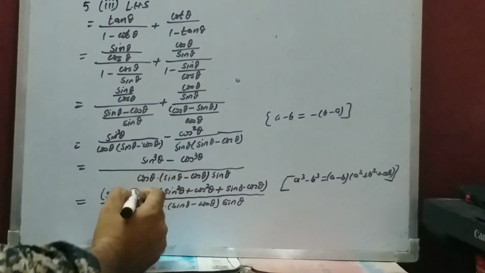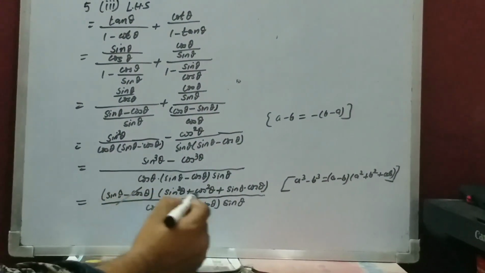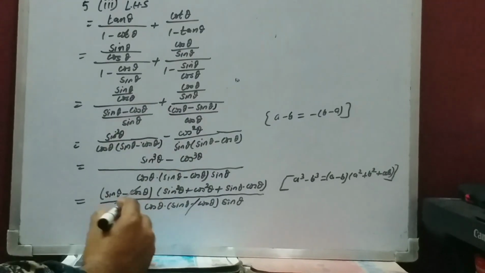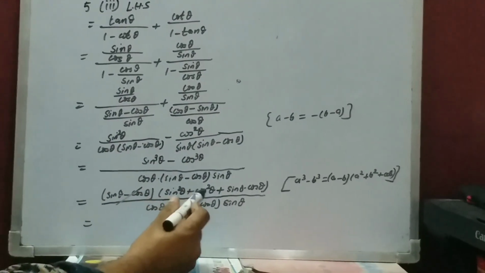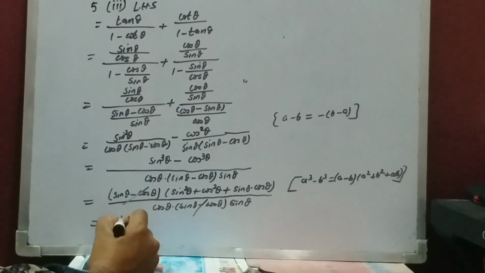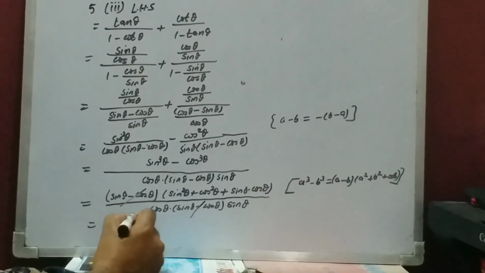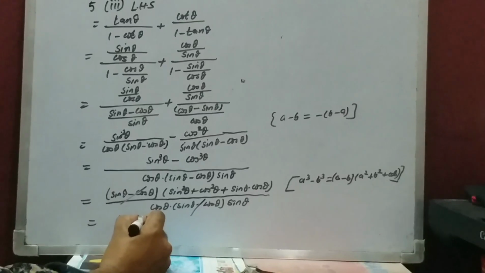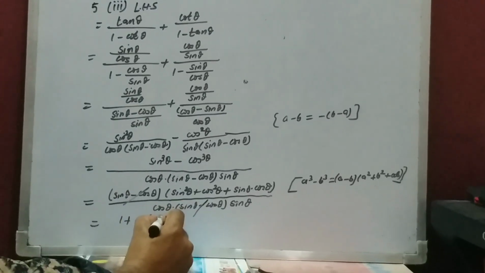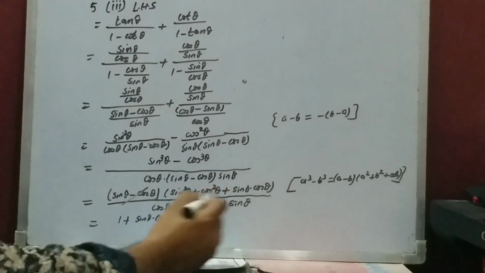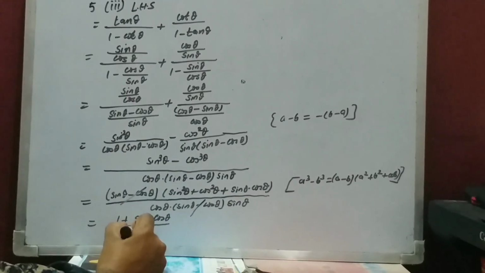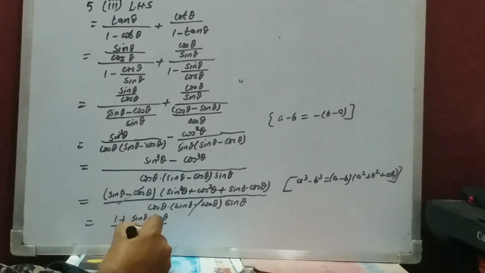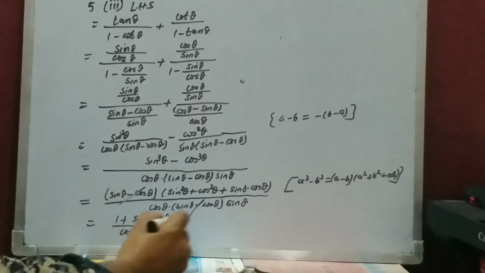Okay. Now this will be crossed out, and you will write 1 for sin square theta plus cos square theta, that is 1. And this is sin theta into cos theta, this term. And now in the denominator we are getting cos theta and sin theta only.